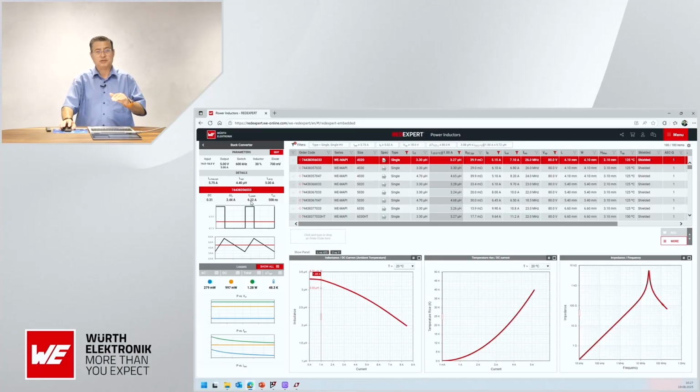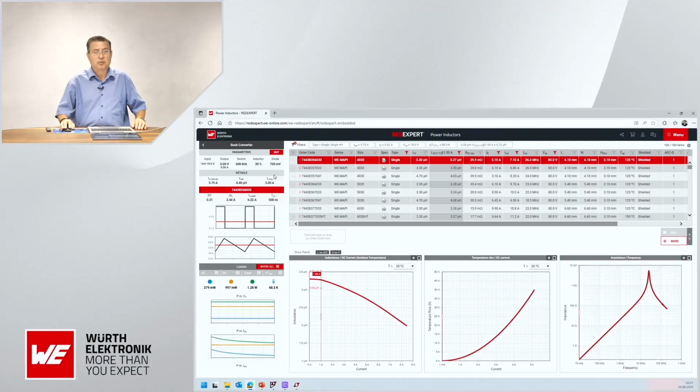So in our decision, we will say 10%. Above the 10% saturation, the inductor starts to saturate, which is not a good behavior. So I will choose something which is less than 10% in saturation. So what I need is an inductance of about 4.4 microhenry.